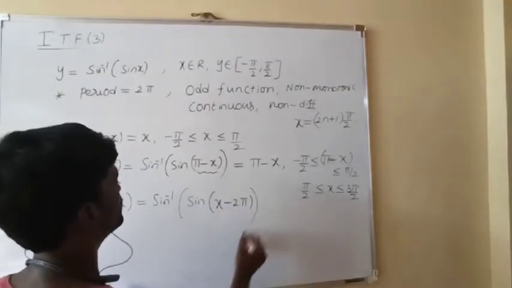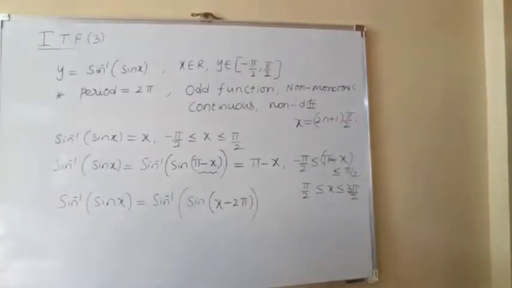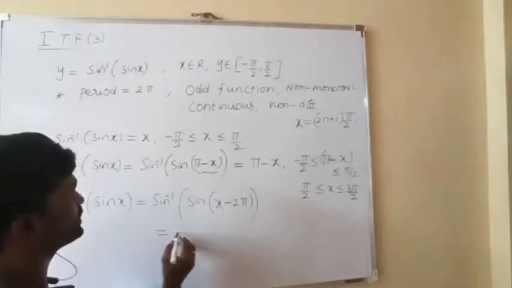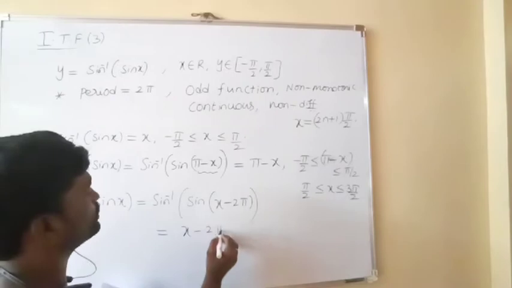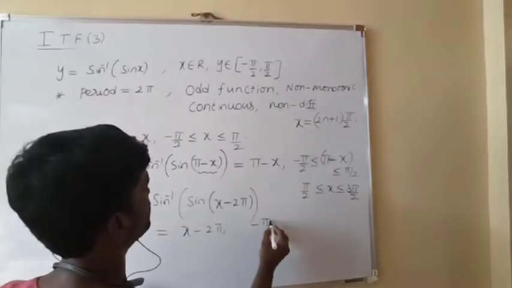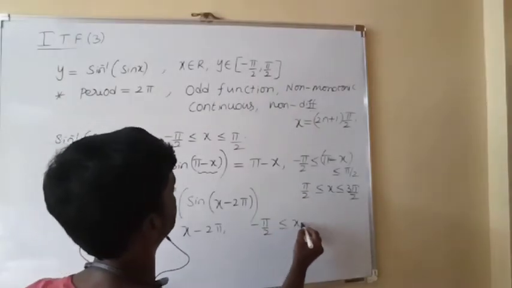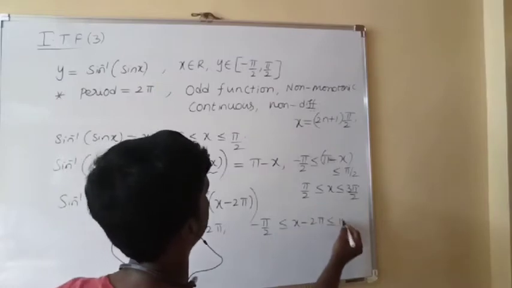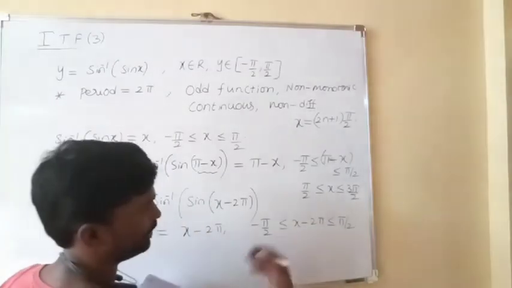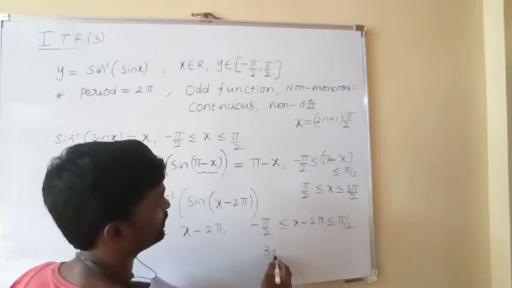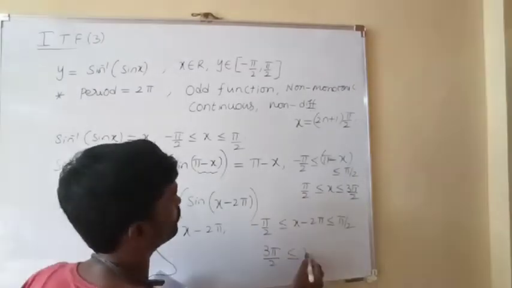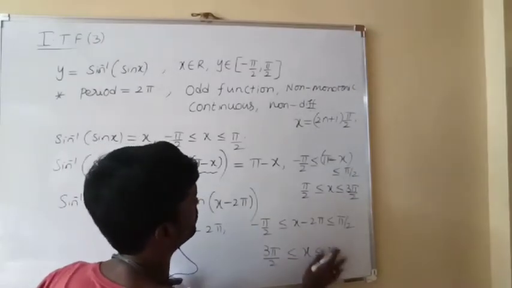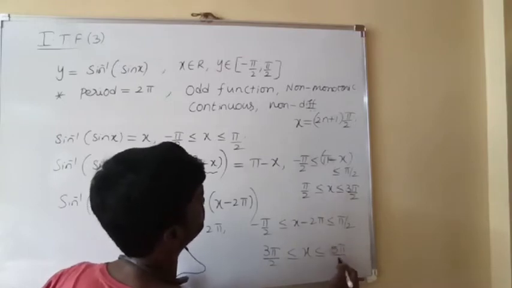Because sin of 2 pi minus x is minus sin x. So sin of x minus 2 pi is plus sin x. So which is equal to x minus 2 pi if this x minus 2 pi lies between minus pi by 2 to plus pi by 2, and adding 2 pi on three sides, you will get 3 pi by 2 less than or equal to x less than or equal to 5 pi by 2.